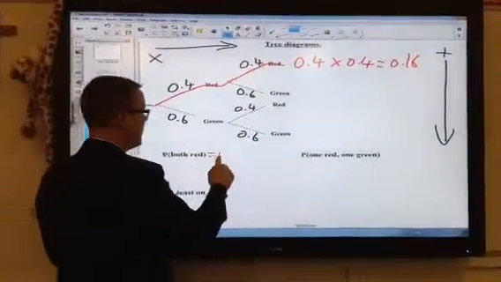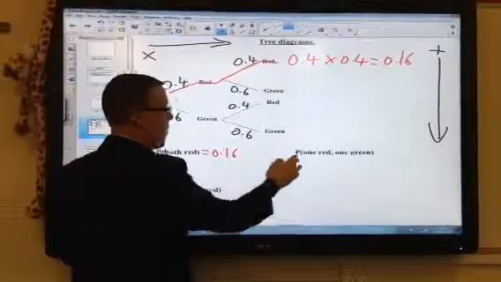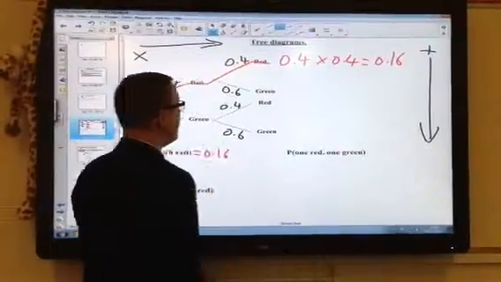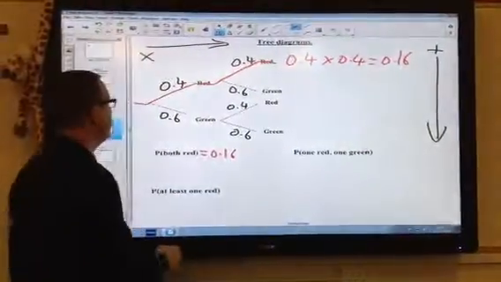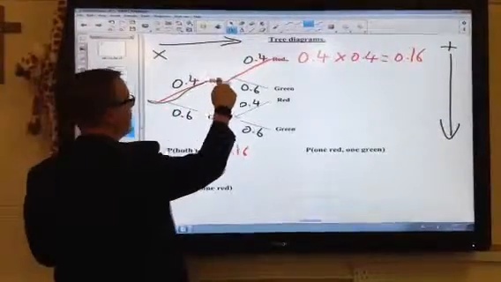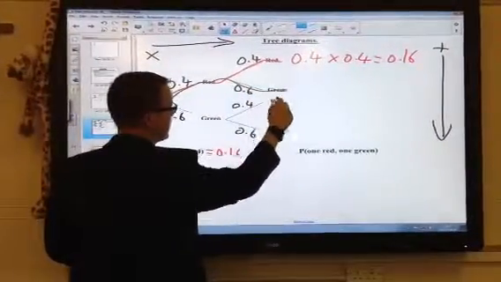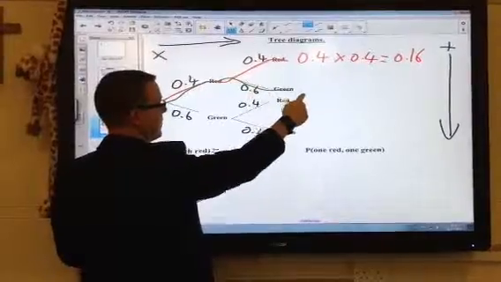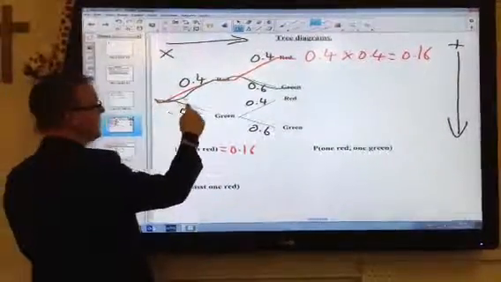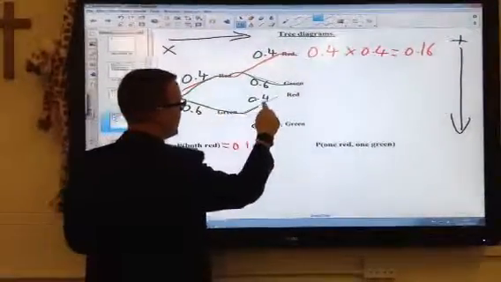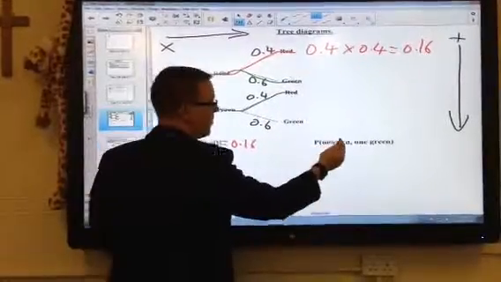So both red, 0.16. One red, one green. Okay? So the first light could be red, but then the second light has to be green. Or the first light could be green, and the second light has to be red, because we've got one red, one green.